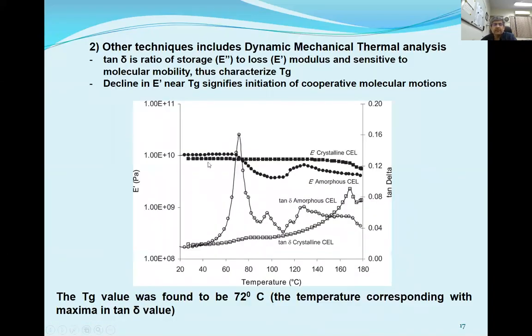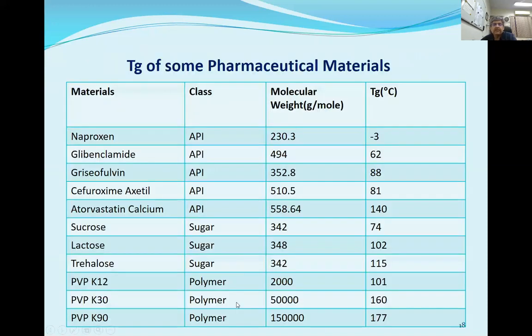Then we took a couple of examples, and we also looked at determination of the Tg using dynamic mechanical thermal analysis, and we learned that depending upon the analytical tool that you use, the value of the Tg may be slightly or vastly different.